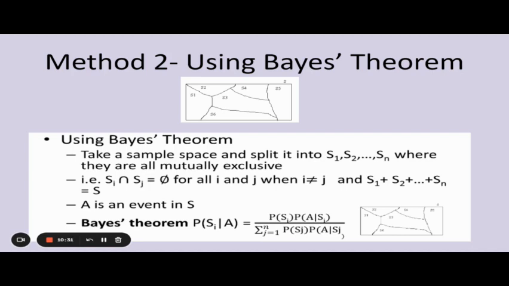So S1 is completely separate from S2, S3, S4, S5, and S6, and we can say the same for all of them. So it's basically like carving up the sample space so that there's no overlap. That's all that those first 2 lines say. And then the second part, where it says S1 plus S2 plus Sn equals S, just means that it's the whole sample space. So there's no other set within that space.